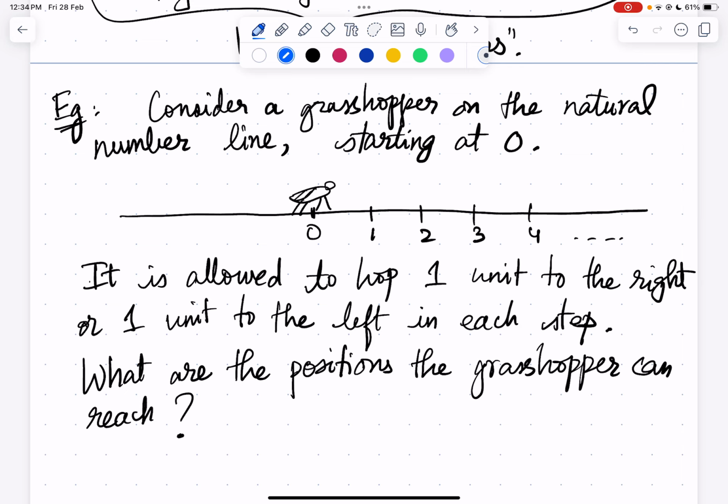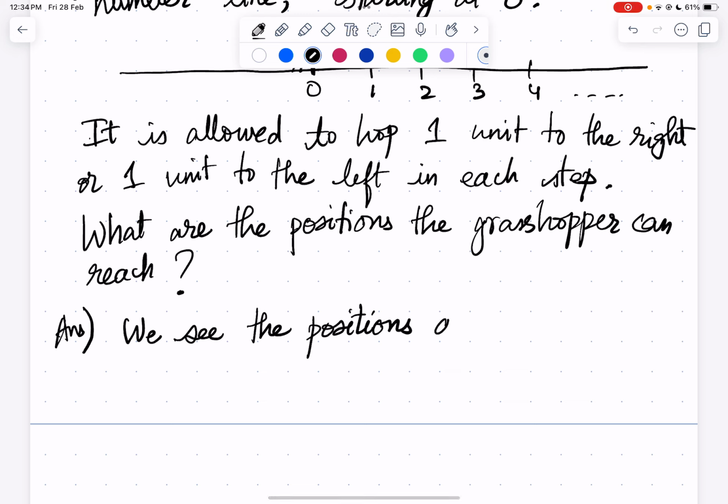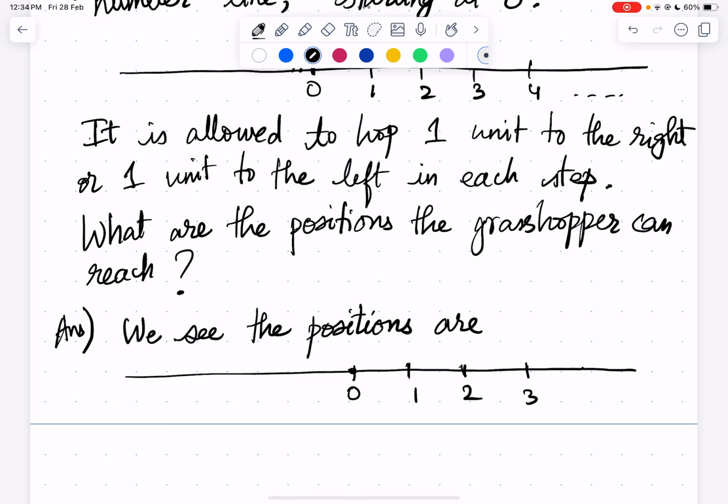What are the positions the grasshopper can reach? So it can reach 1, 2, 3, 4, so on.